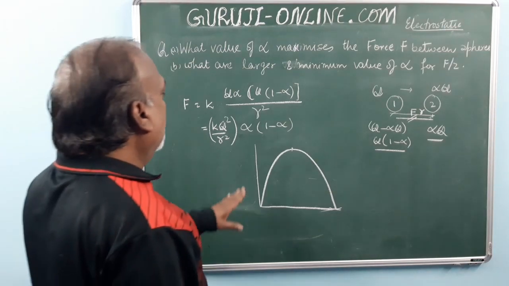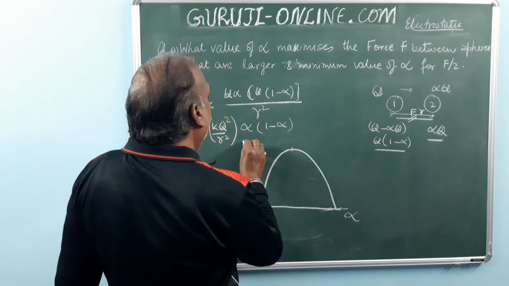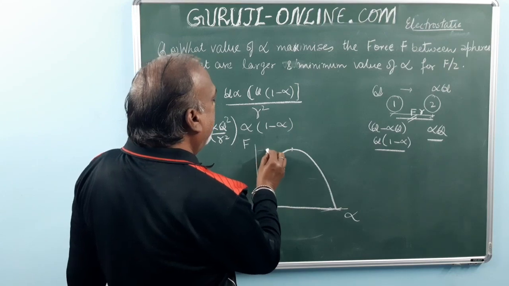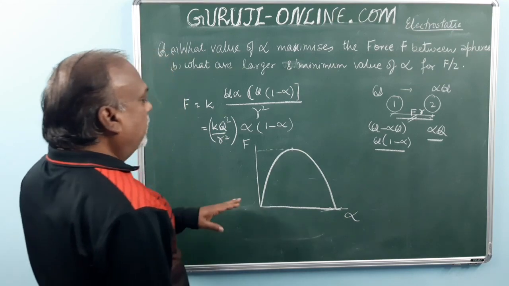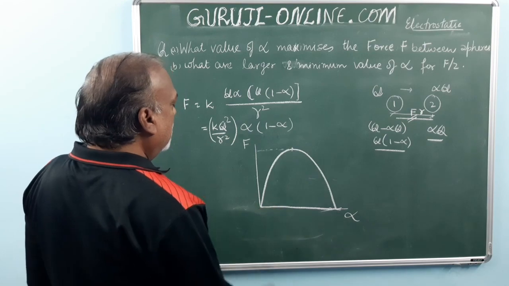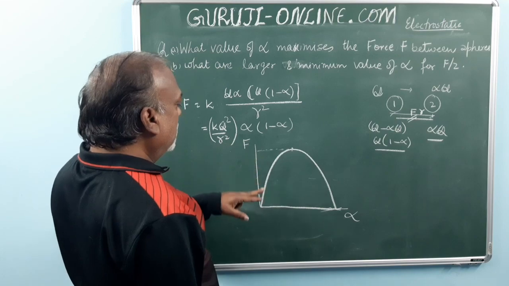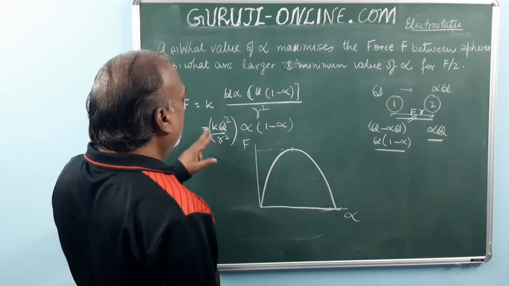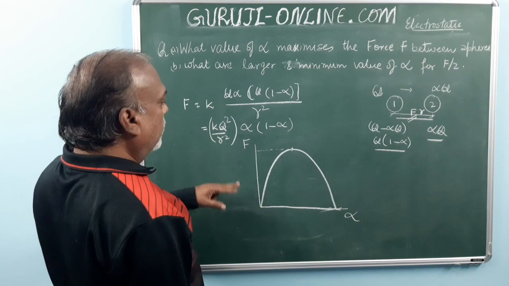So this is a graph between alpha and F, and when alpha is 0, this F is 0, and when this alpha is 1, then again F is 0.